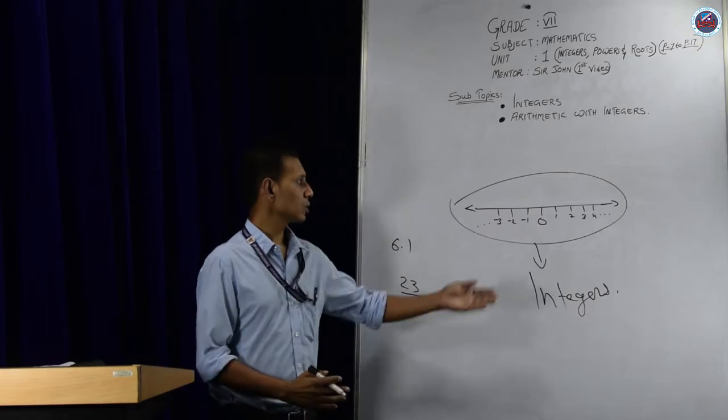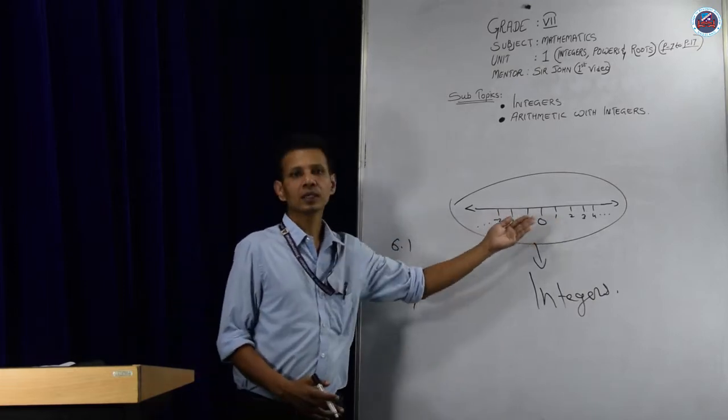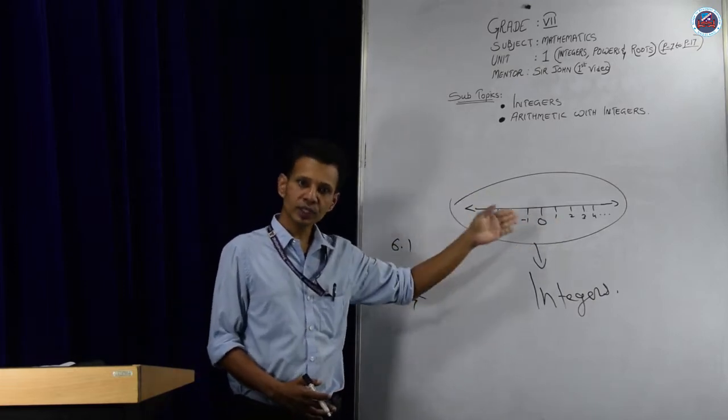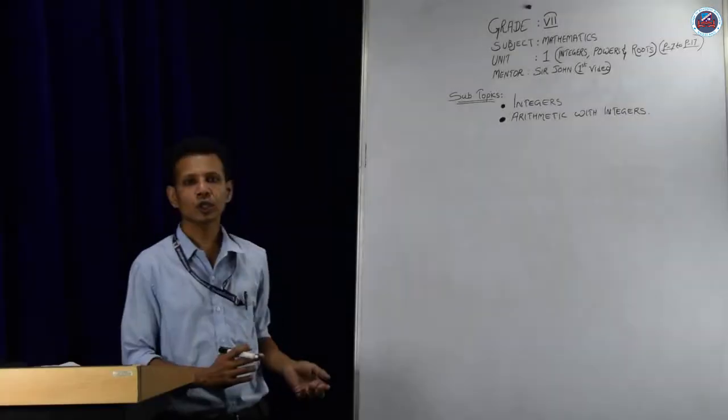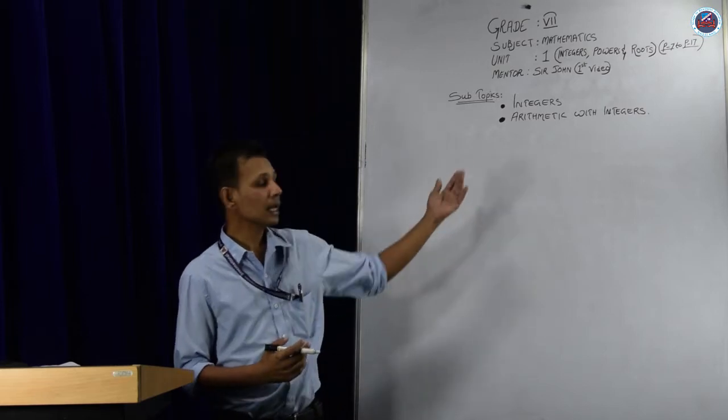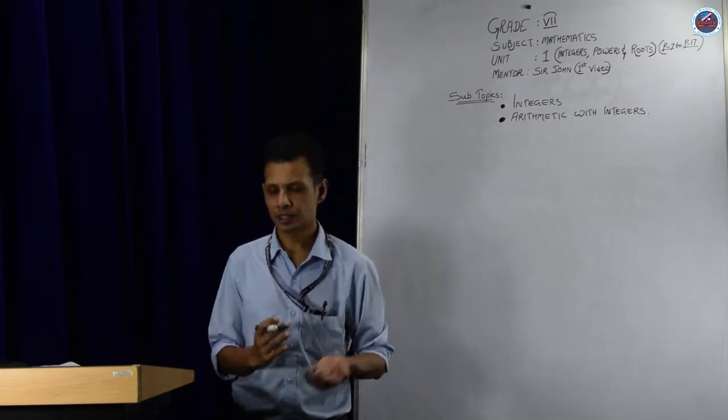All the positive numbers, all the negative numbers, including 0, they are integers. Is that clear?